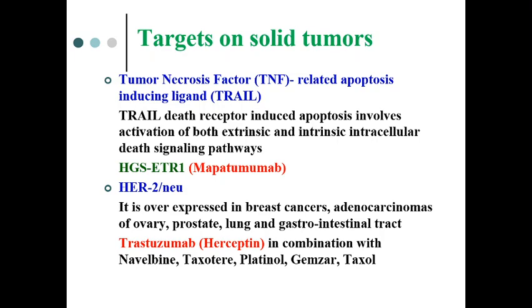Another way of controlling tumors is using the tumor necrosis factor receptor, the TRAIL receptor, which is responsible for induction of apoptosis in the tumor cells. Monoclonal antibodies have been directed against the TRAIL receptors, and these monoclonal antibodies have a trade name called mapatumumab, which brings about stimulation of the TRAIL receptor.